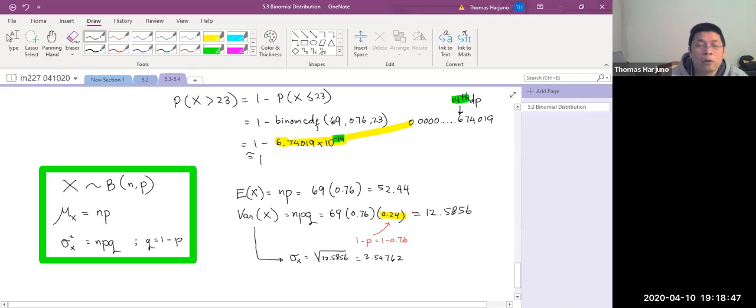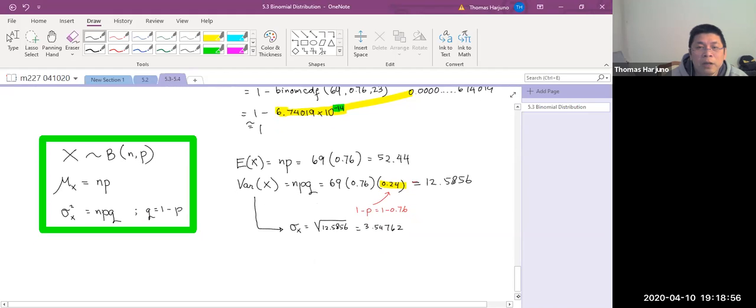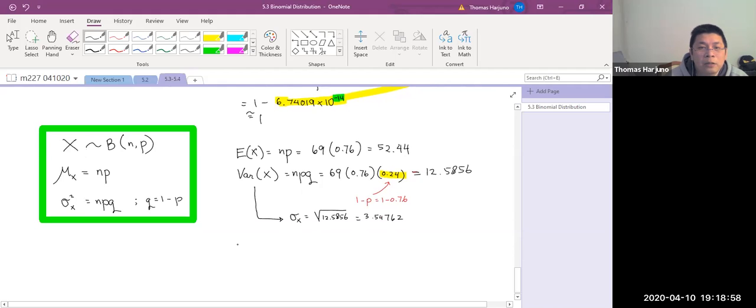Now, what is the reason we find the standard deviation? One of the big reasons, at least at this point, is that once you have the mean and standard deviation, you can find what we call the usual interval.